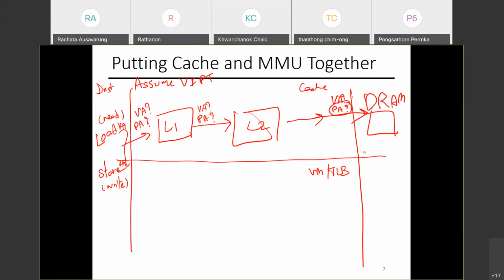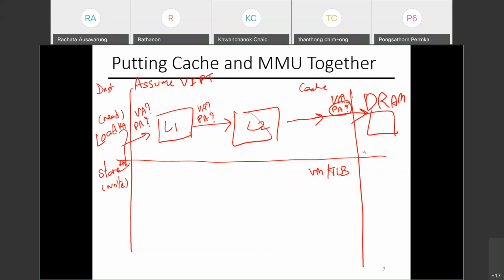If I use virtually indexed physically tagged, do I need just the virtual address or do I need both? You need the virtual address for the index. Do I need the physical address for the tag? Yes, you do. You need to get the physical address to get your tag.